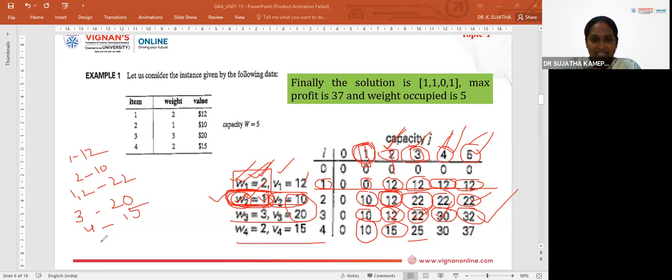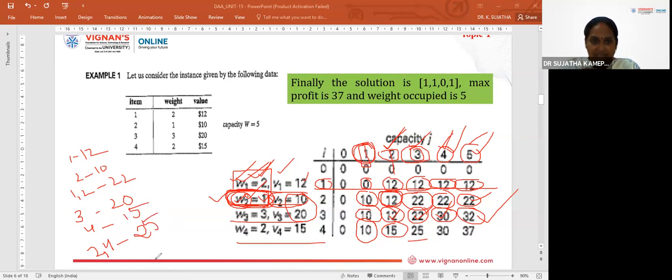And the capacity is 3. I can place the second and fourth objects, which gives 25 profit, right?